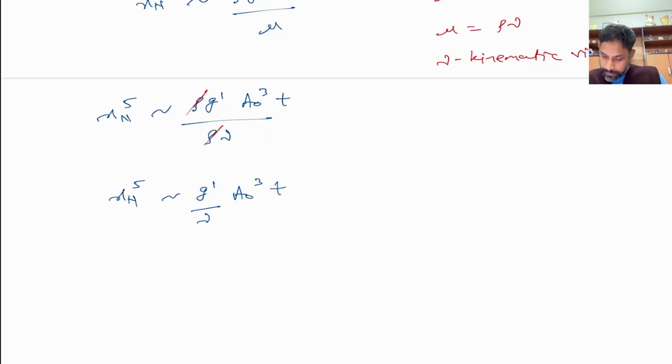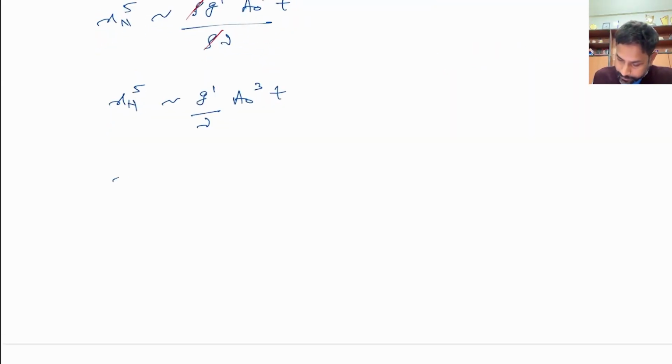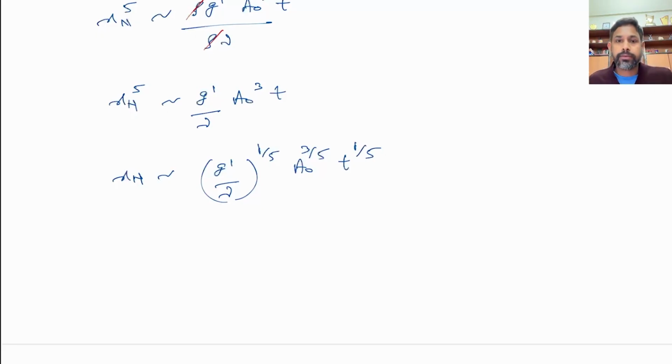This equation can be written as xn is proportional to (g prime by nu)^(1/5) a naught^(3/5) t^(1/5).